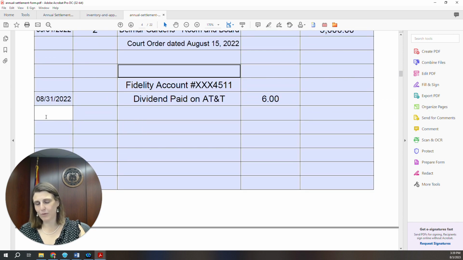And there may be times we require notice out to them, depending on the protectee's level and ability to understand the situation and what's being sold. So we may even require notice out to them. Certainly on sale of real property, we're going to require that unless you make an allegation that they're not able to understand that. So you need to get court permission to sell that real property before you do it.